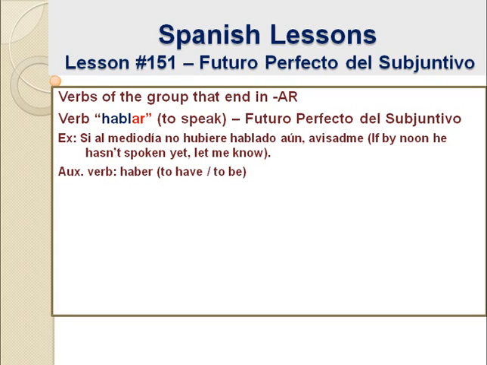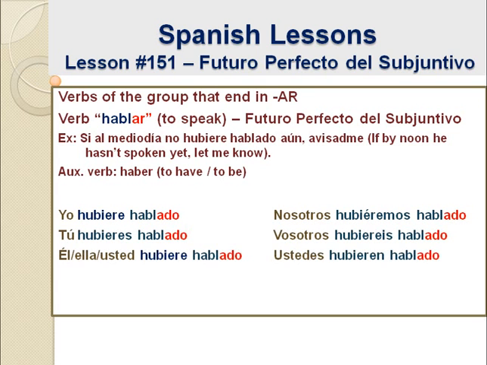We use the auxiliary verb haber, right? Hubiere hablado is hubiere, the verb haber, that is the auxiliary verb, and hablado, from the verb hablar, or to speak. So, for the first person, I, we would say, yo hubiere hablado. Yo hubiere hablado.